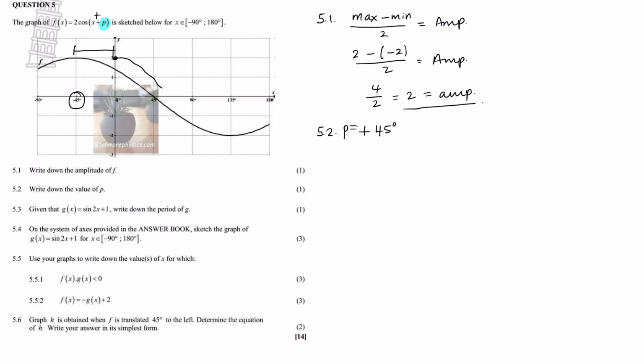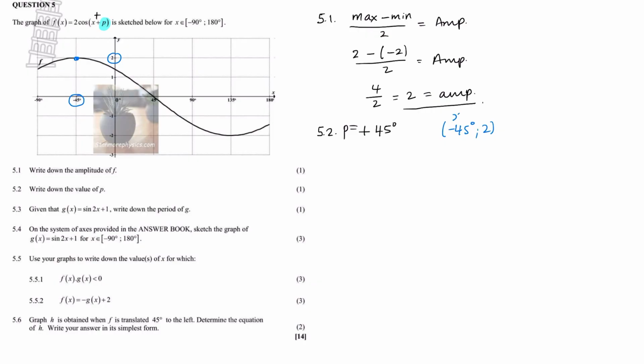The other option is to solve it through substitution. So let's take a look at that. What we do here is pick a coordinate. I'm going to pick the coordinate that we just used. Let's go with negative 45 and 2, so this point right here. My coordinate is negative 45 and 2.